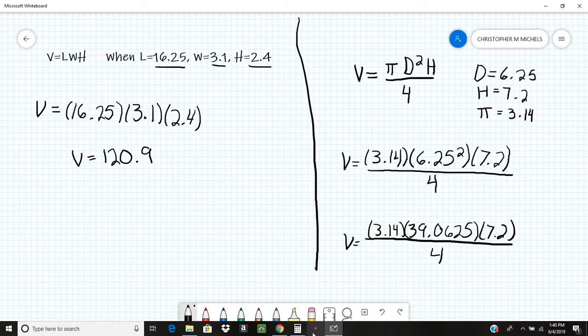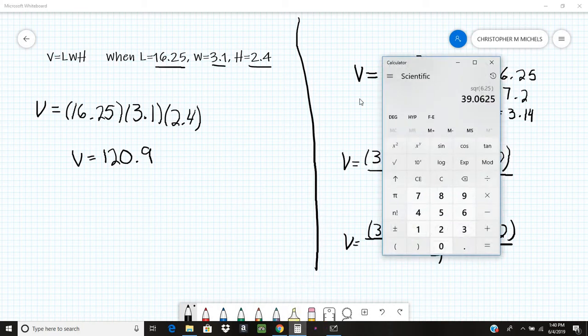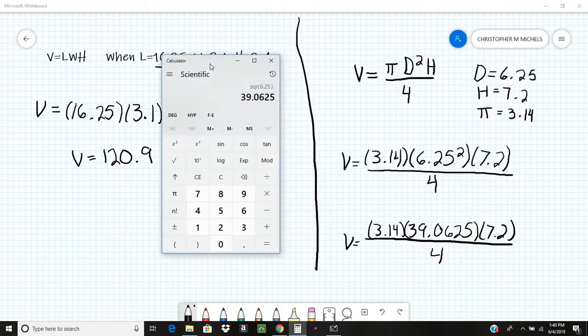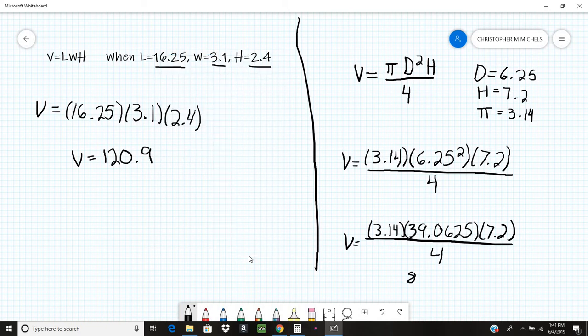Okay, so let's multiply. I'm going to multiply all three of those at once. So we do times 3.14 times 7.2. So we get 883.125.